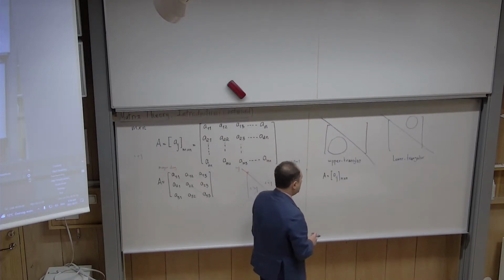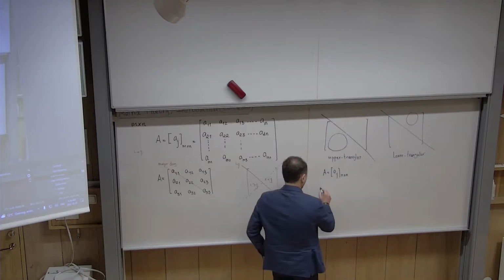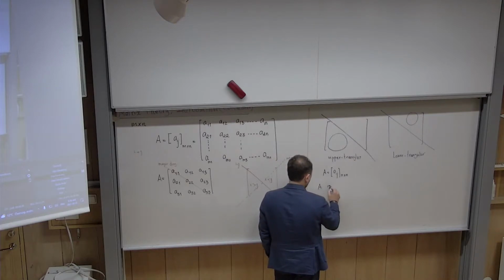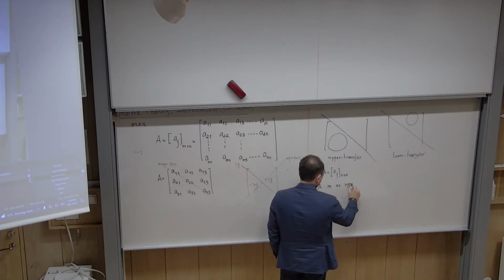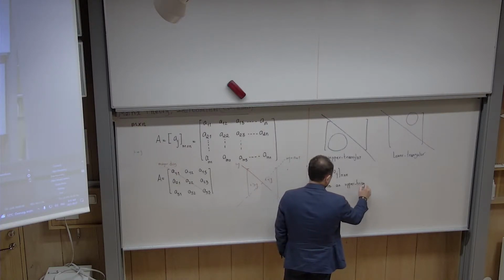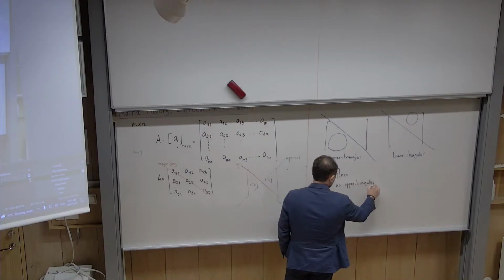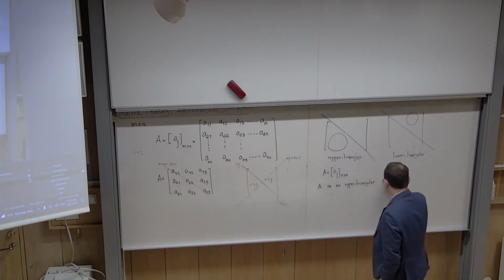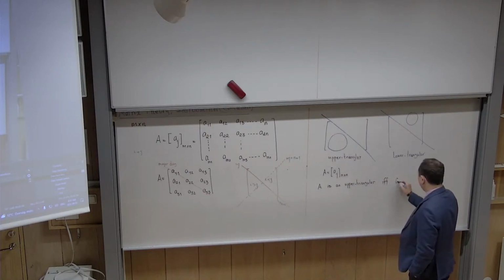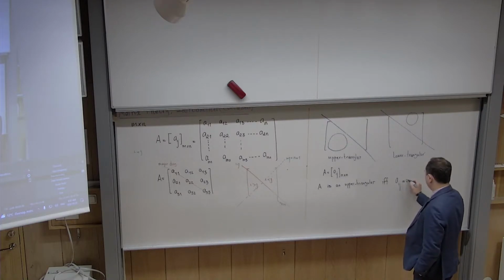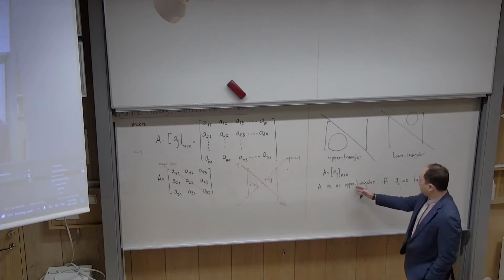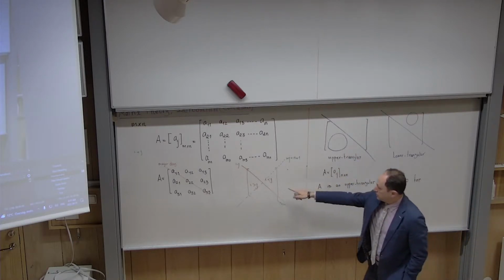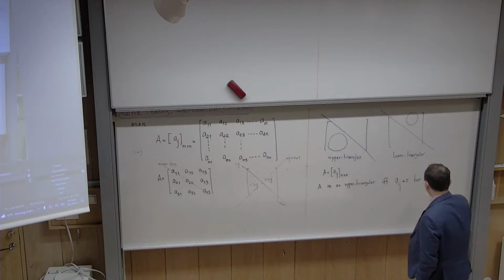So A is an upper triangular matrix if and only if Aij is 0 for i greater than j. For upper triangular, this part should be 0, and this part means i greater than j.